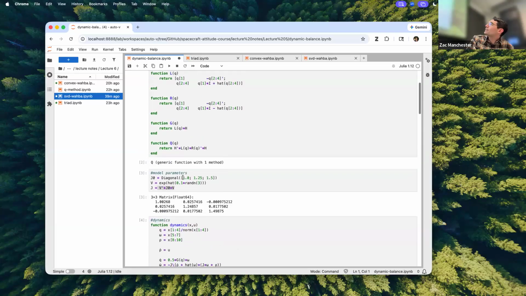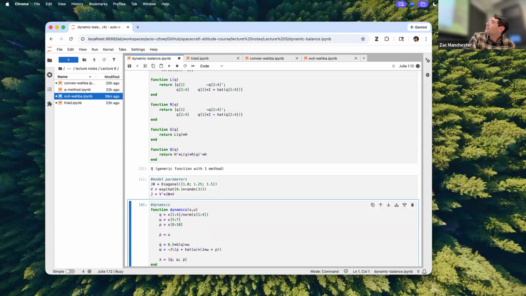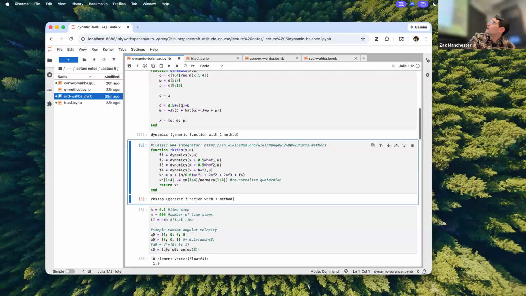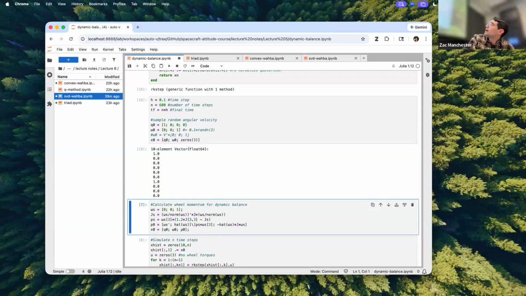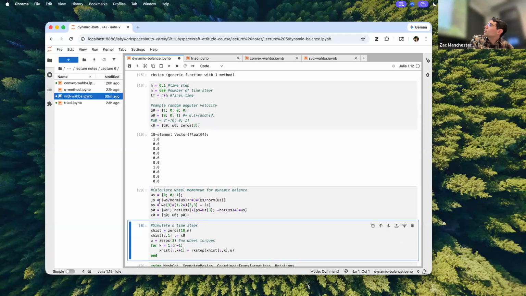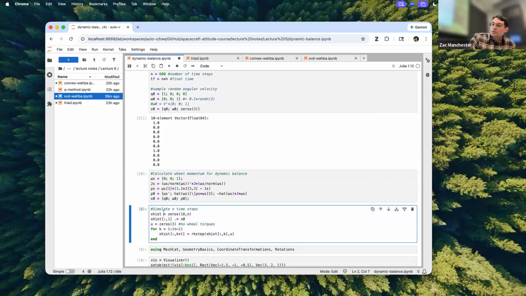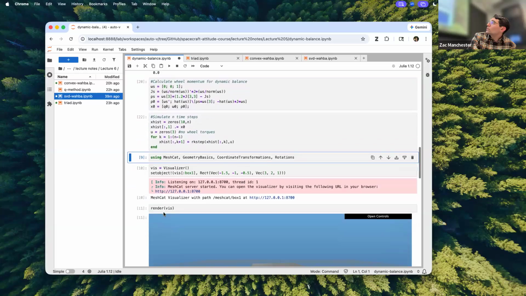Yeah, that's too close to diagonal. Let's give it a more annoying one. That should be a little better. Let's give that a try. So we're going to turn this off. Oh, right, I don't want to do this. Okay, and simulate. Okay, cool.